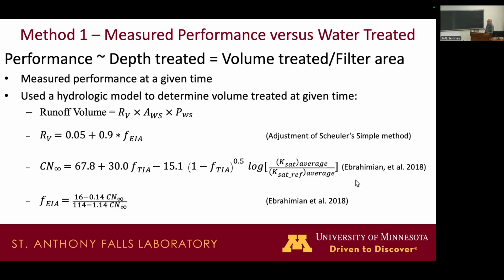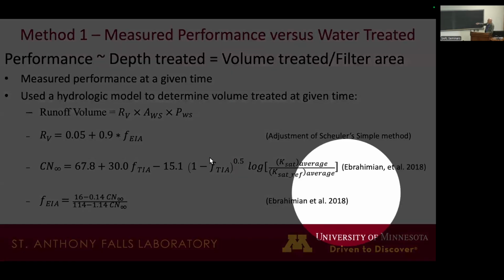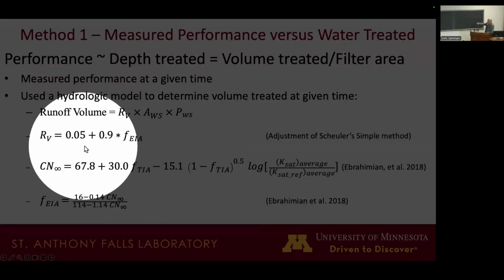Runoff volume is equal to the runoff coefficient, RV, times the area of the watershed, times the precipitation that falls on the watershed. We use this simple equation here for the runoff coefficient.